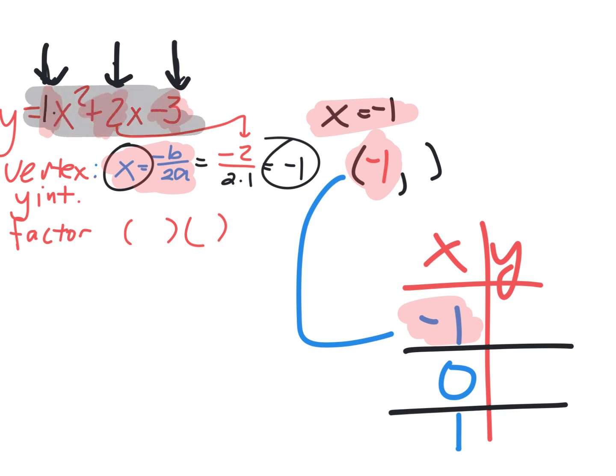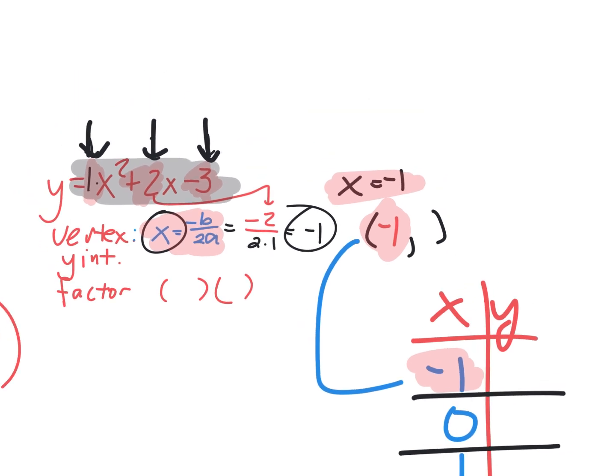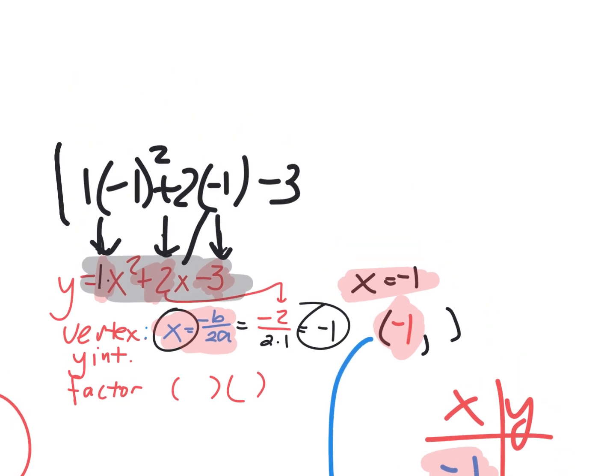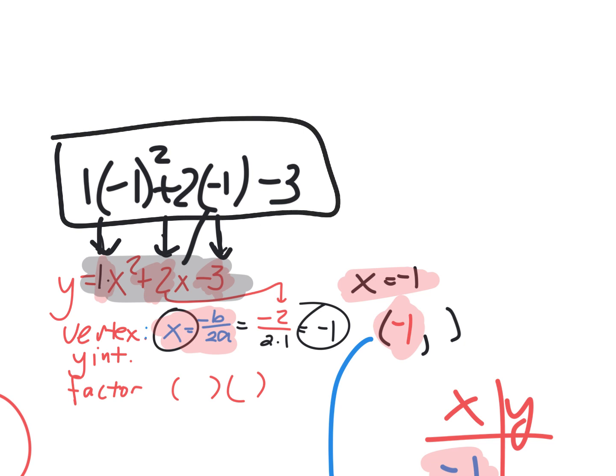So now I'm going to go 1 times -1 squared plus 2 times -1, and then minus 3. Simplifying that down, I'll have that.